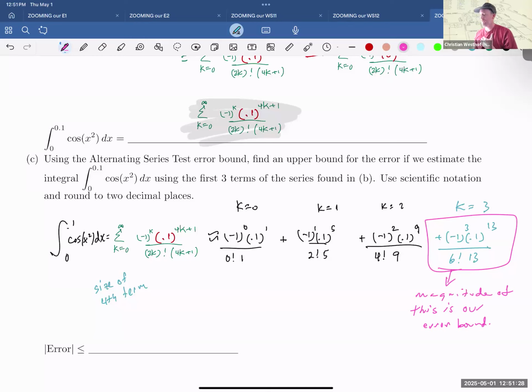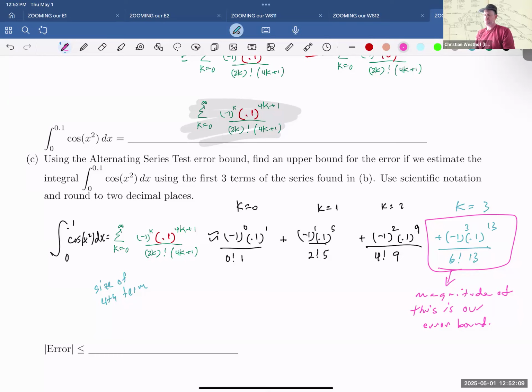Okay, so if we take that, that's 0.1 to the 13. The -1 to the 3 wouldn't matter. So 0.1 to the 13 over 6 factorial times 13. Let me figure that out. Okay, so 0.1 raised to the 13 equals that, divided by parenthesis 6 factorial times 13 parenthesis.